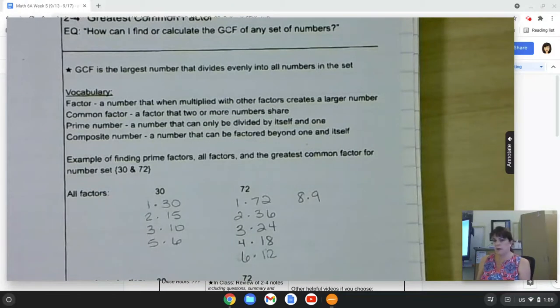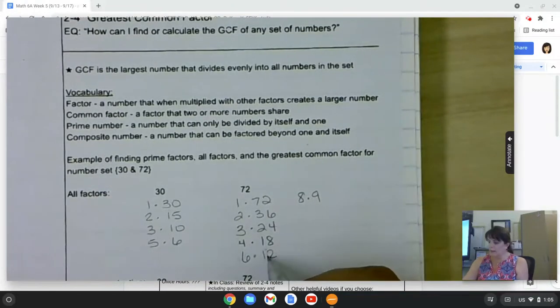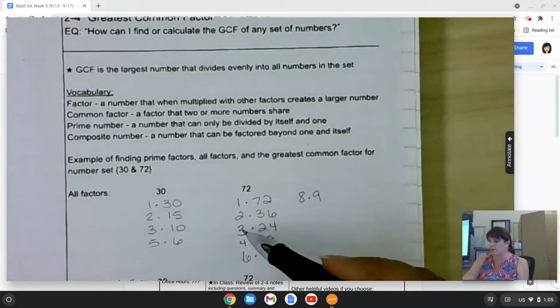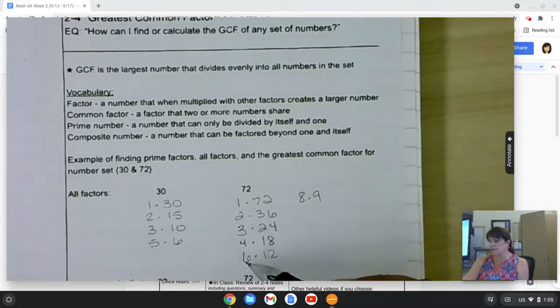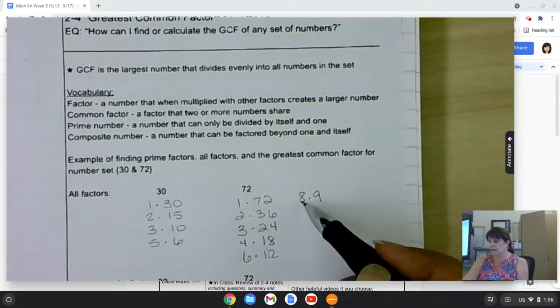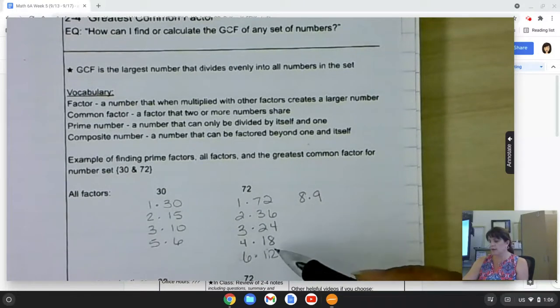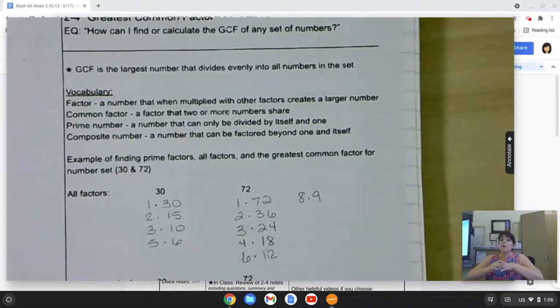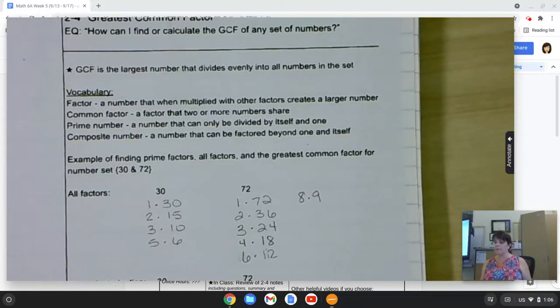Not 10, not 11. And then we get back to 12. So all of the factors would be 1, 2, 3, 4, 6, 8, 9, 12, 18, 24, 36, 72. You can make all the factors, okay? And that would list them all, top to bottom.